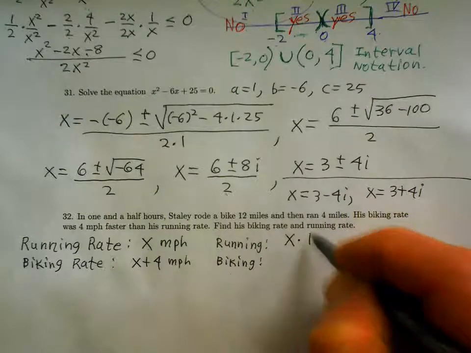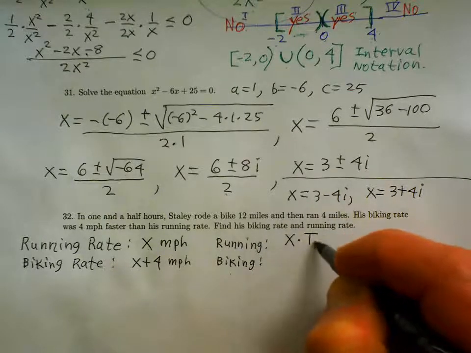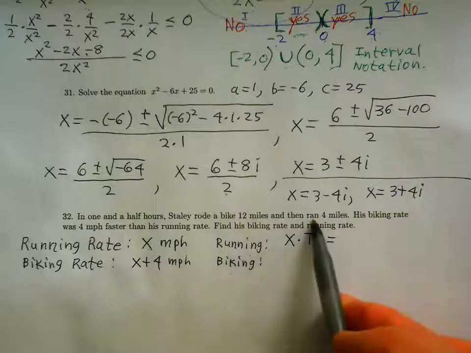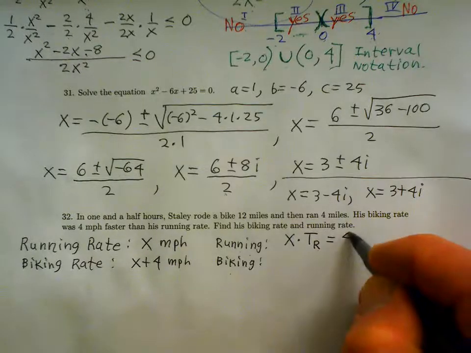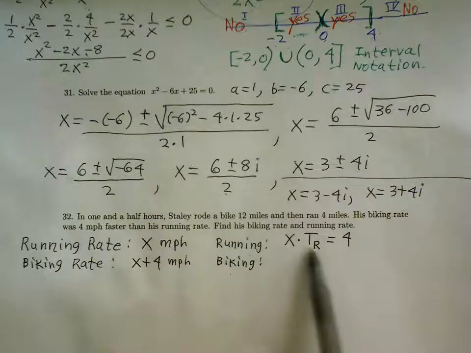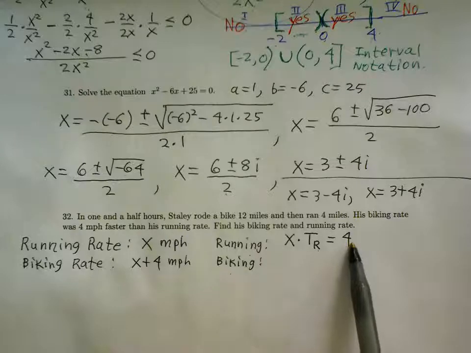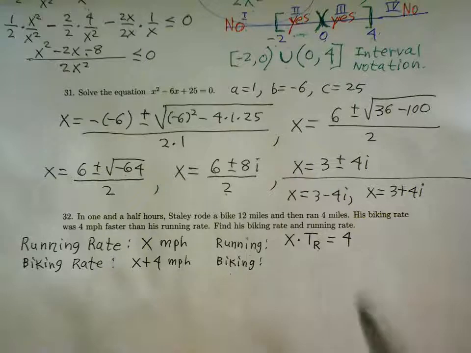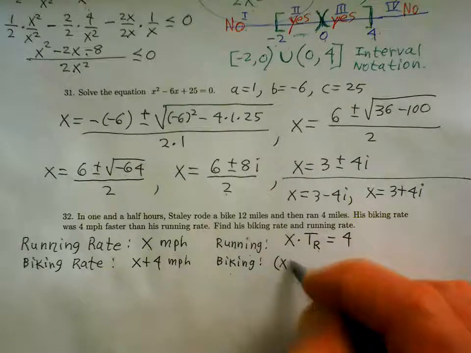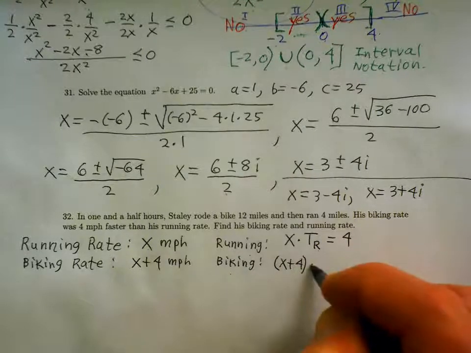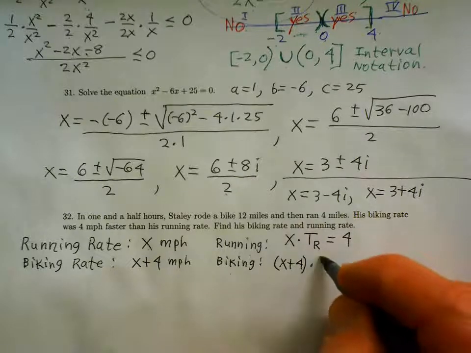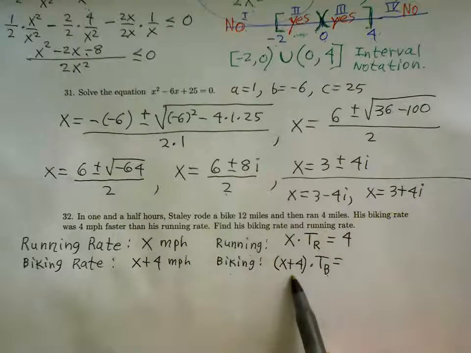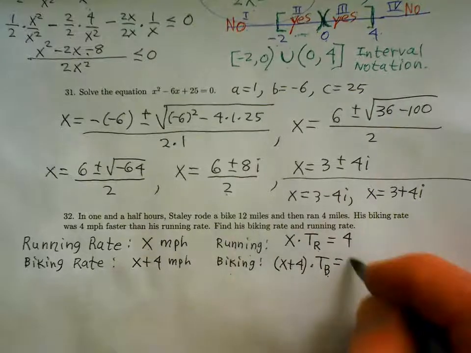Let's refer to the amount of time as T sub r for the amount of time it took to run 4 miles. So for running, we have rate times time equals distance. For biking, the rate is x plus 4 miles per hour. And let's use T sub b for the amount of time it took to bike a distance of 12 miles.